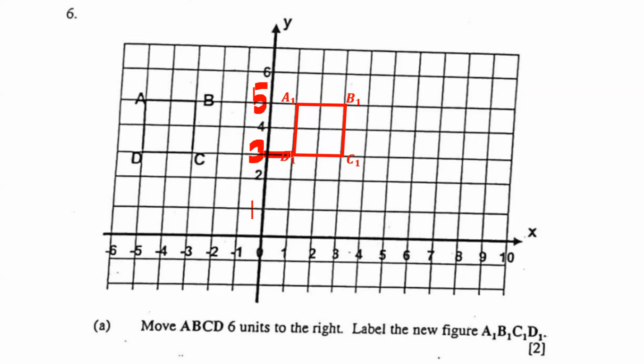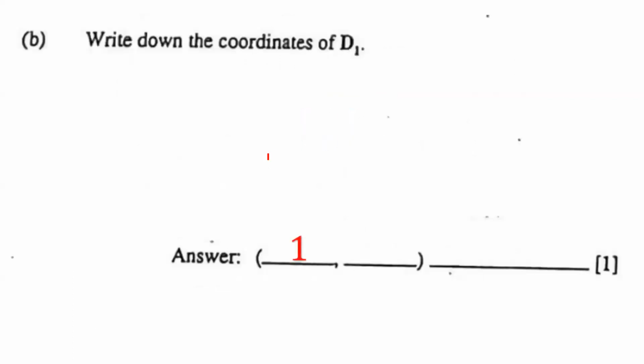D1 is at 3. And if we go down, and down, and down, and down, we're at 1. And so our coordinates are going to be 1 for the x-axis and 3 for the y-axis. And so that's the correct answer here, 1, 3. Again, 1 for the x-axis and 3 for the y-axis.